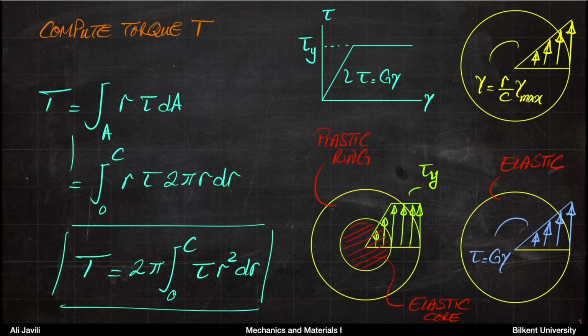We come up with this relation: T equals the integral from 0 to c of 2 pi tau r squared dr.